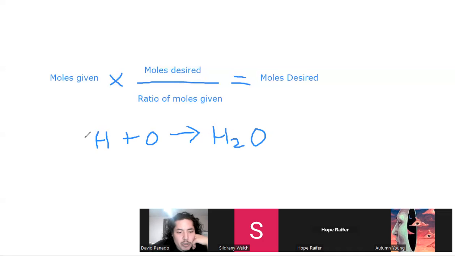So to balance this equation, we just put a 2. So 2H plus O, H2O. For stoichiometry would be the ratios, which are these. And let me change the color.